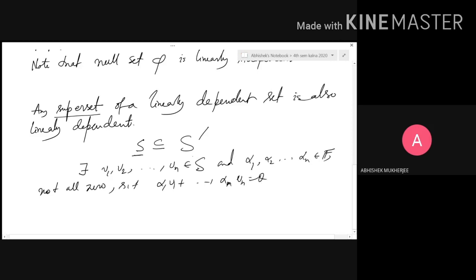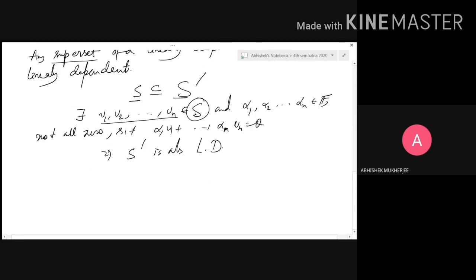Now since S is a subset of S dash, these vectors v1, v2, vn are also vectors of S dash, and from this you can say that S dash is also linearly dependent. So this is very easy.